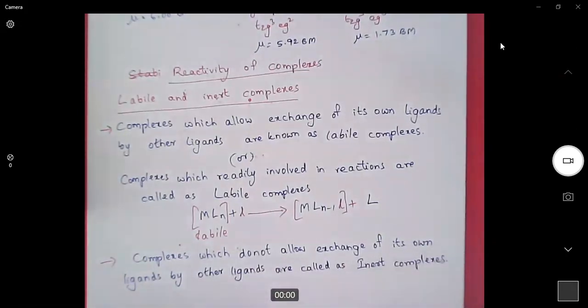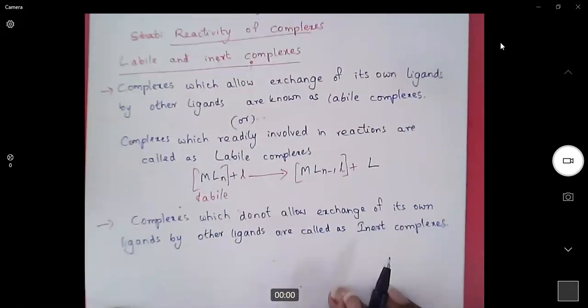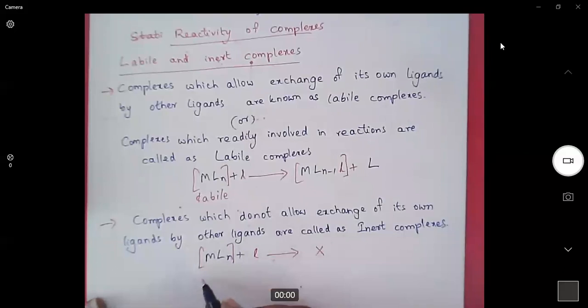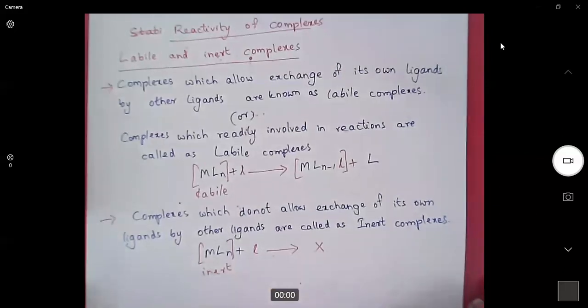Complexes which do not allow exchange of their own ligands by other ligands are called inert complexes. If we want to do a reaction, for example a substitution reaction on this complex, it will not allow any reaction. Then it is called an inert complex.